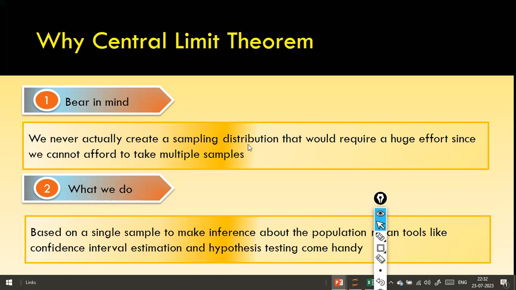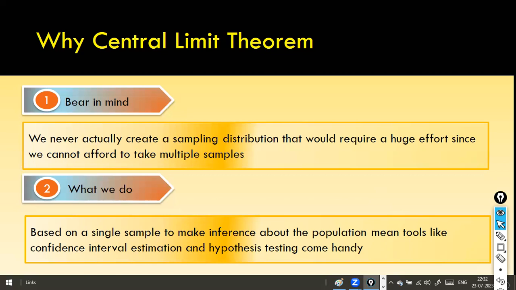We never actually create a sampling distribution, since that would require a huge effort and we cannot afford to take multiple samples. So, based on a single sample, is it possible to make an inference about the population mean? That is where confidence interval estimation and hypothesis testing come into the picture.